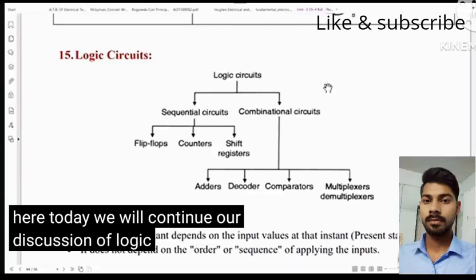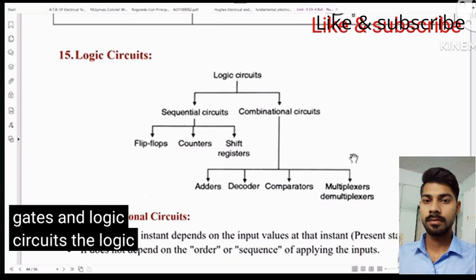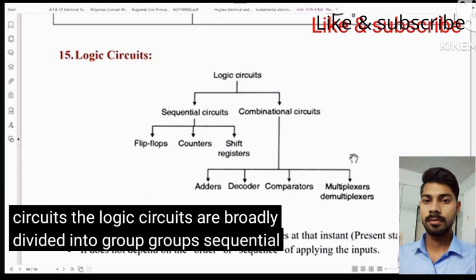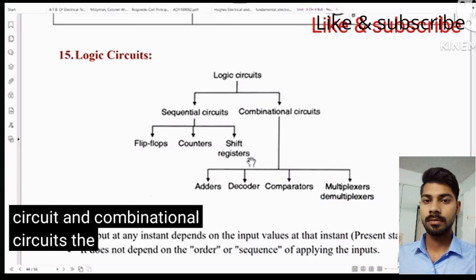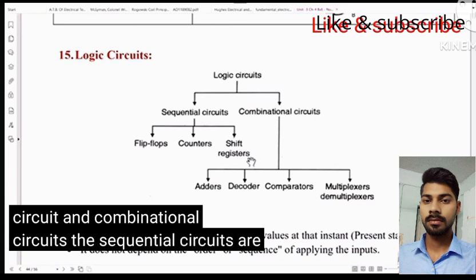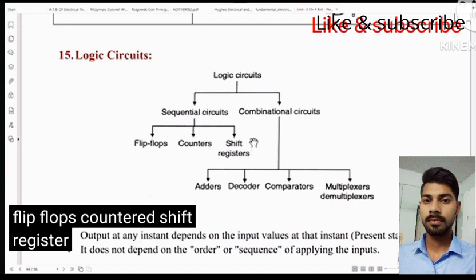Of logic gates and logic circuits. The logic circuits are broadly divided into two groups: sequential circuits and combinational circuits. The sequential circuits are flip-flops, counters, and shift registers.